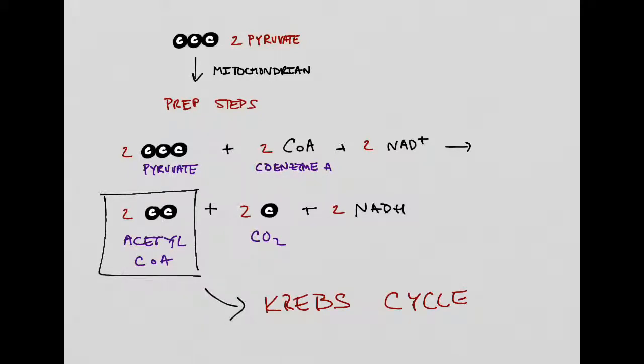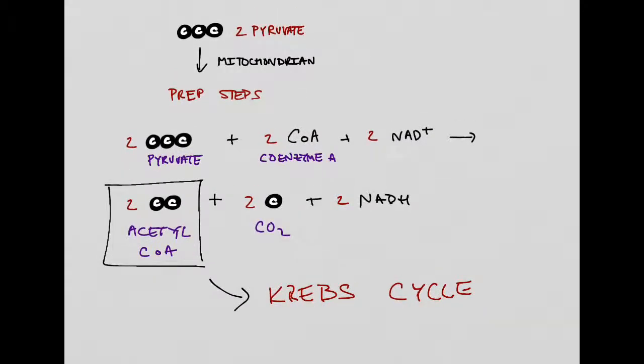Oh, and just one more note here. Know that this pyruvate has been oxidized into acetyl-CoA, and this NADH has been reduced. So it's gained a high energy electron, and pyruvate has lost the high energy electron in the process of making acetyl-CoA. So we're slowly oxidizing our glucose molecule.